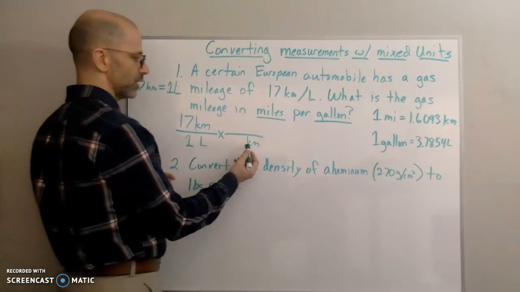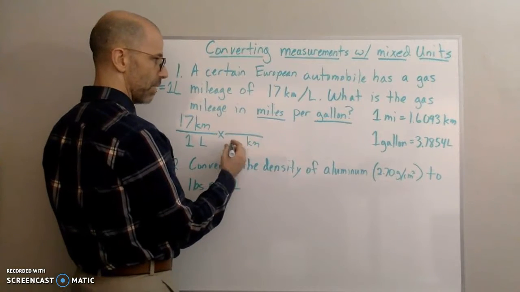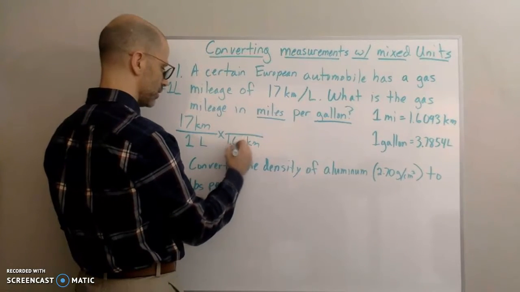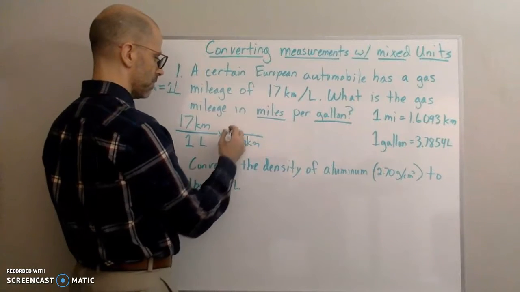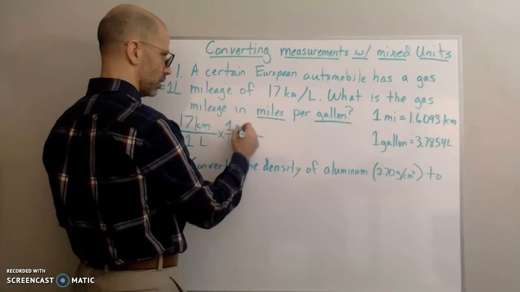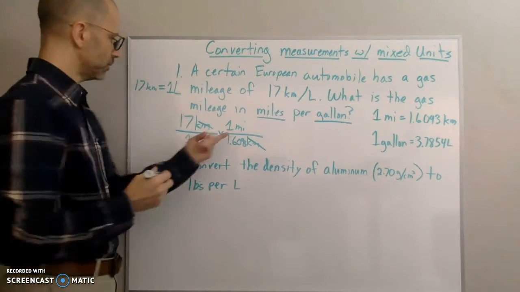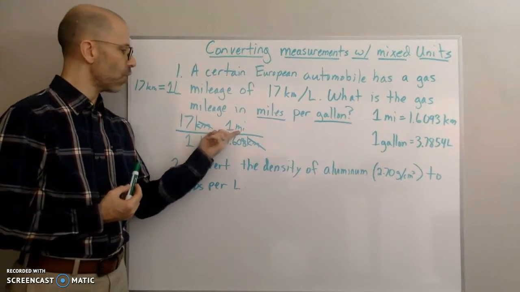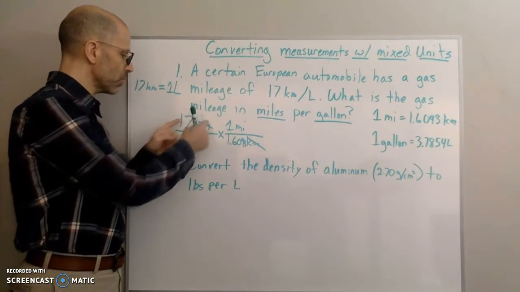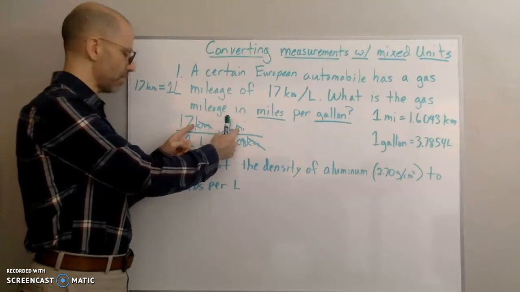So I can use that to convert kilometers to miles. So kilometers is on the bottom, so 1.6093, and then 1 mile on top. So kilometers cancels out. I now have the miles that they are asking for. So I am now done with converting the top unit because now I have miles on top.